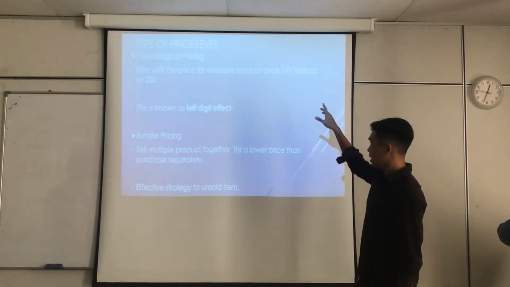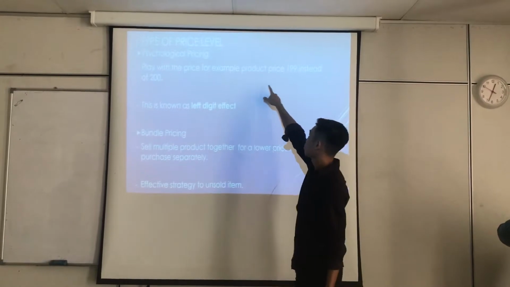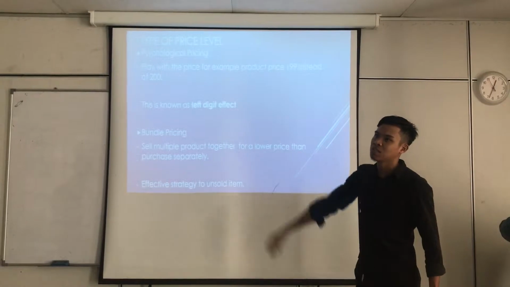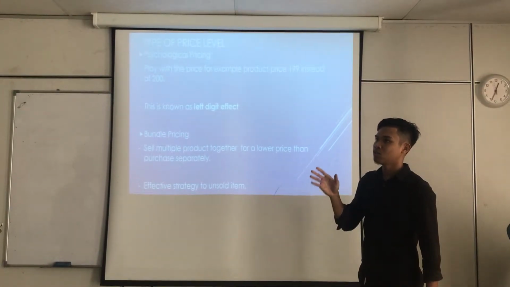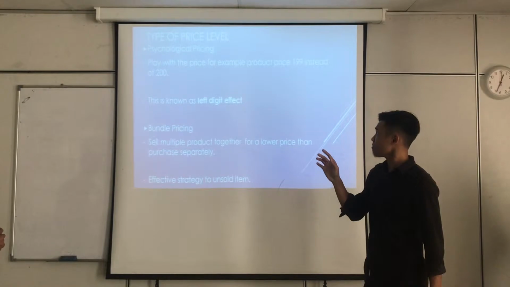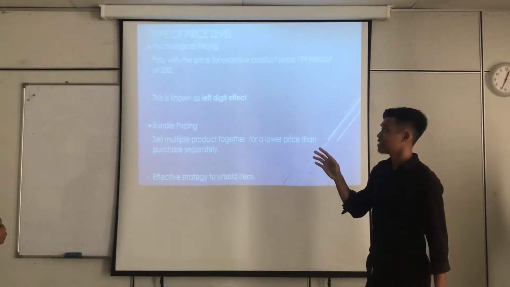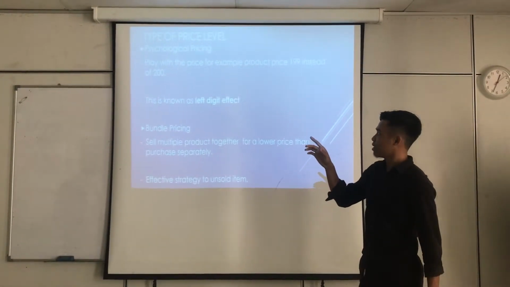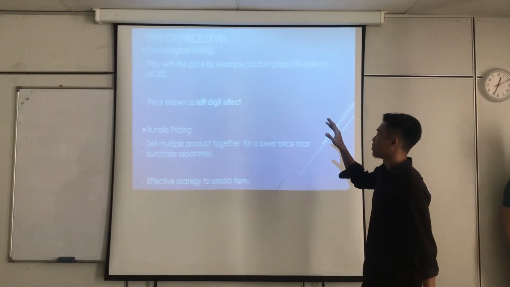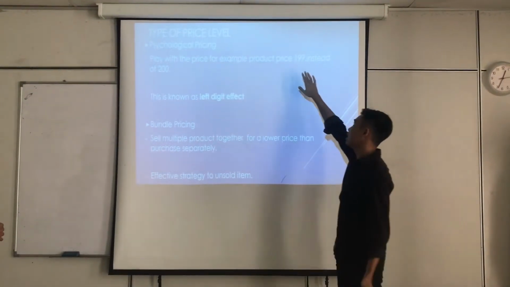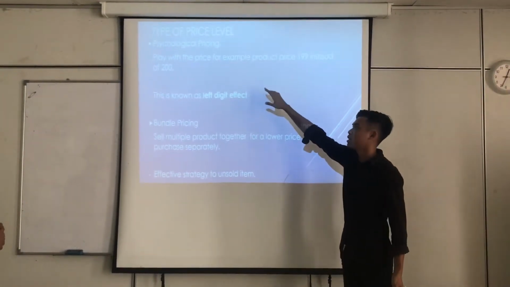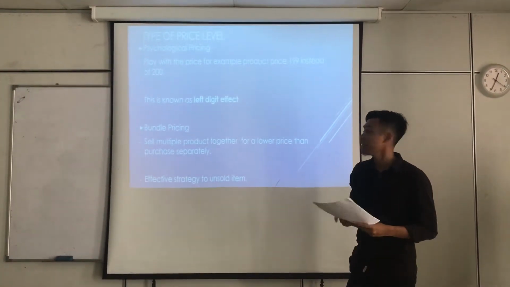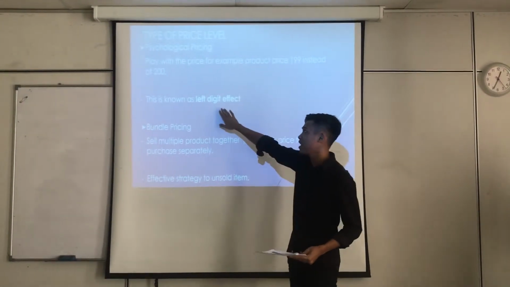Because of mostly of the customer, customer think 199 is much more lower than the 200, but it's still not too far the price. So this is known as a left digit effect.